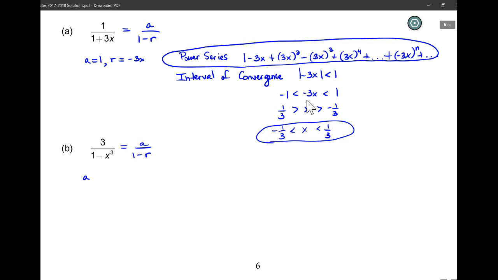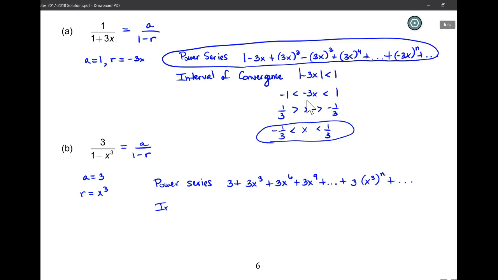So same thing. A is equal to 3. R is equal to x cubed in this case. So our power series is going to be 3 plus 3x cubed plus 3x to the 6th plus 3x to the 9th plus, and then it's going to be 3, and then x cubed to the nth power, and so on.